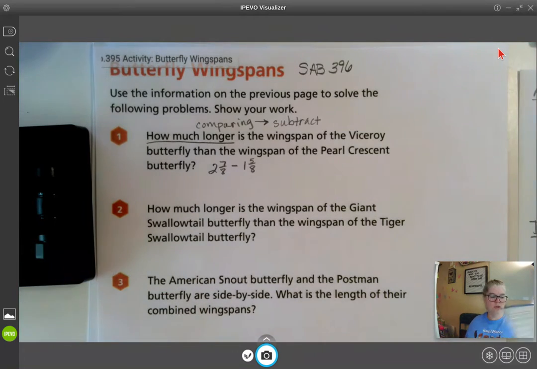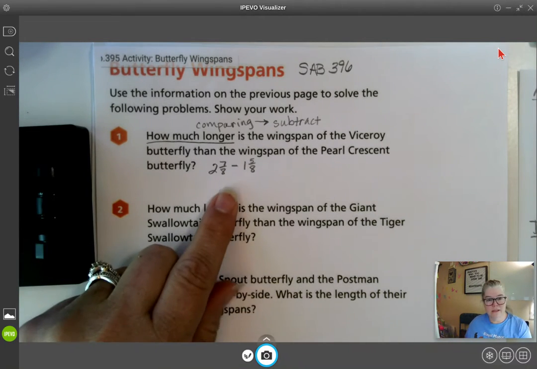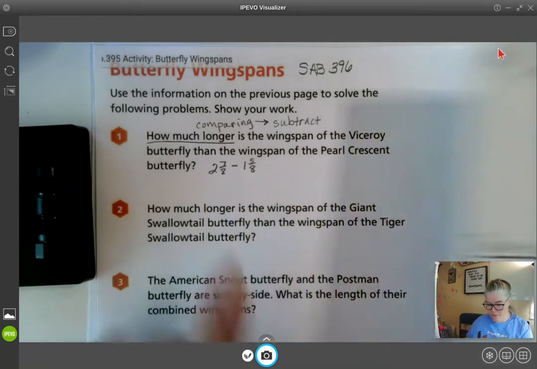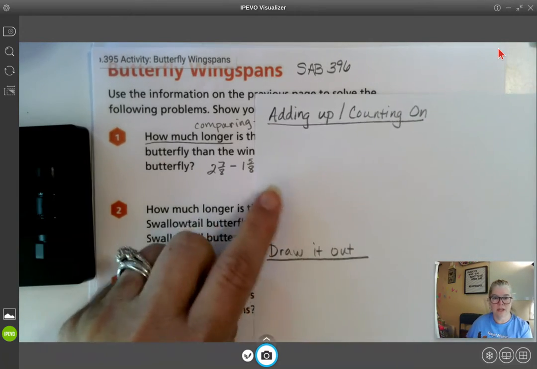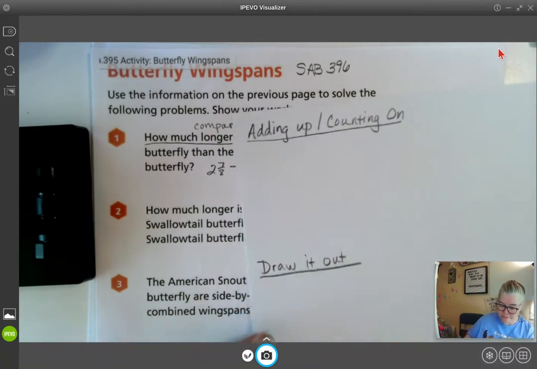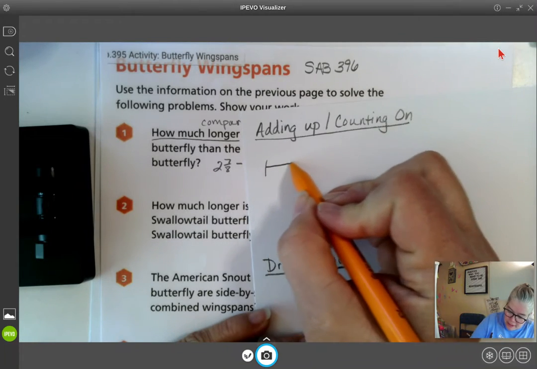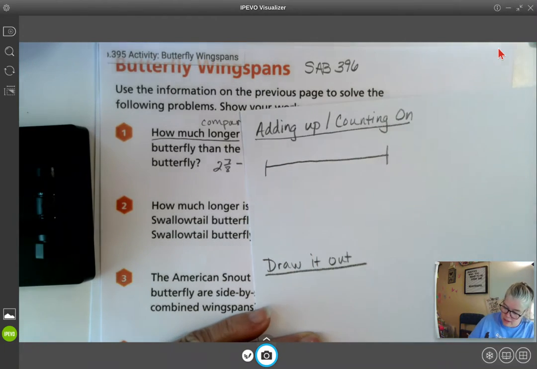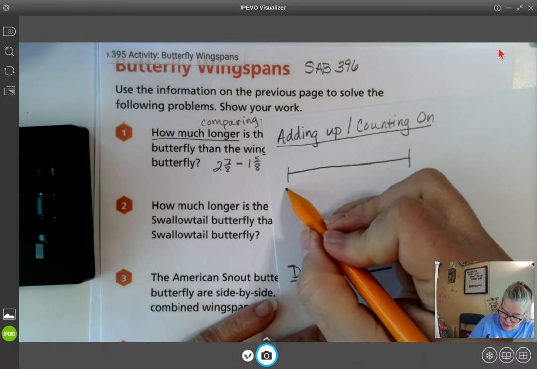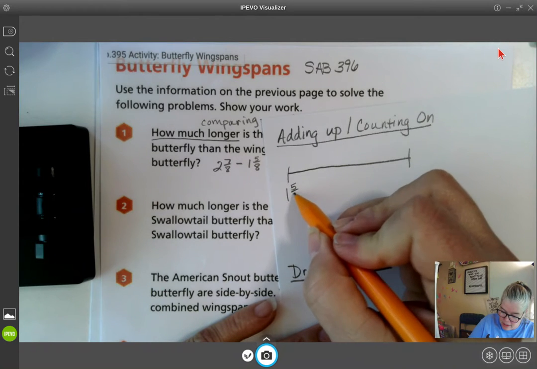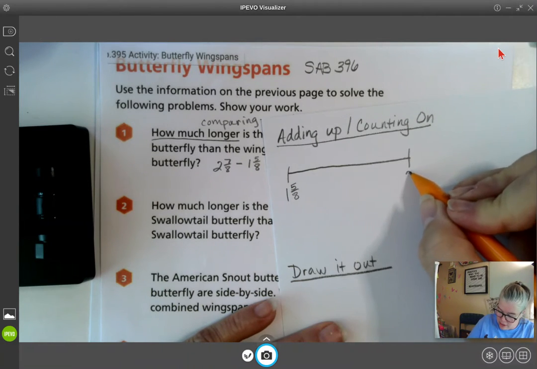Let me show you two common ways that kids can subtract mixed numbers. One way that we know we can do subtraction is by adding up or counting on. So I can use an open number line and see how far I need to count up. I start with my 1 5/8 here, and I need to count up to 2 7/8.